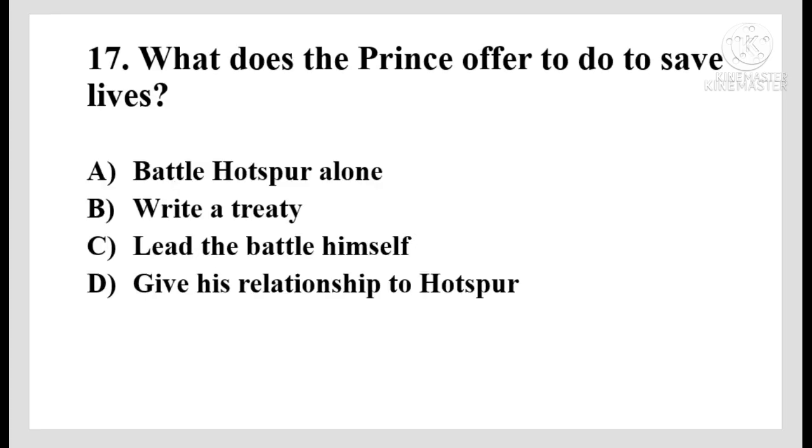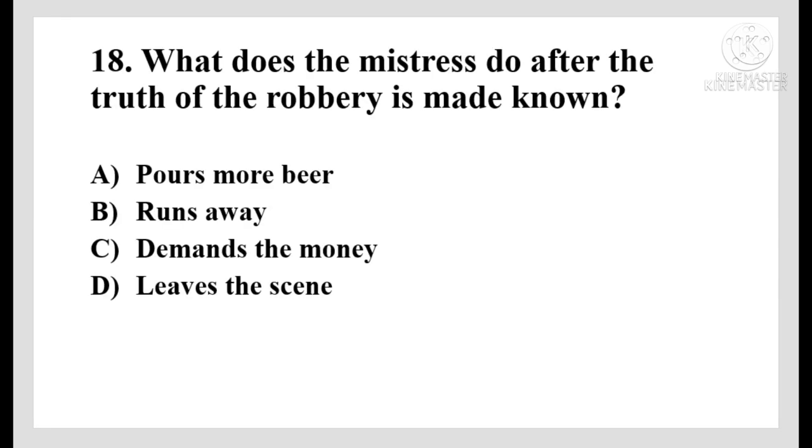What does the prince offer to do to save lives? Battle Hotspur alone, write a treaty, lead the battle himself, give up his relationship to Hotspur. Answer: battle Hotspur alone.